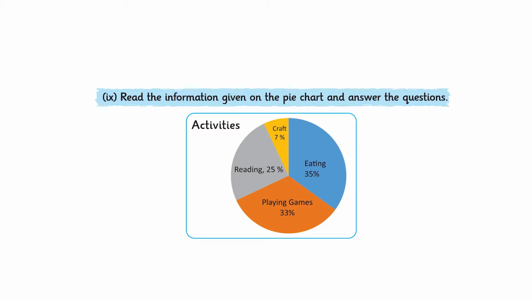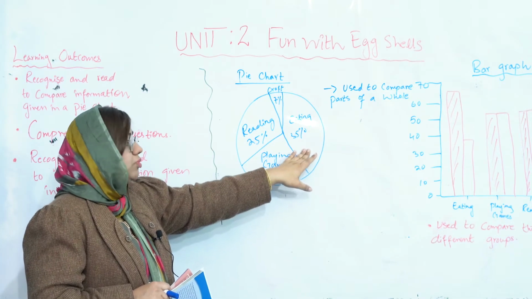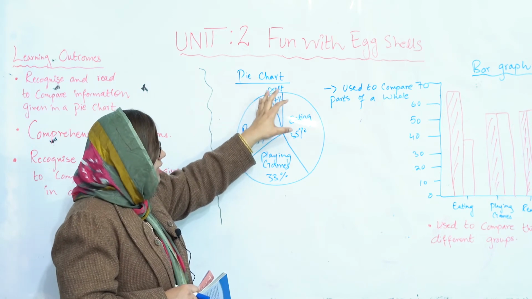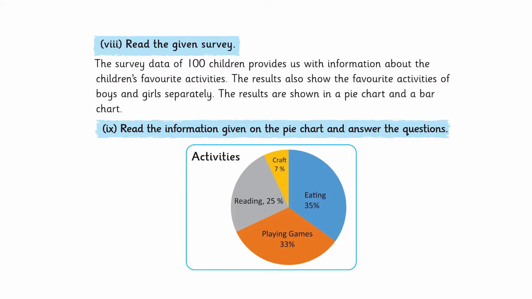This is a whole and we are comparing the parts. Here you can see that one part is divided into eating portion, another is for reading. This smaller 7% part is for crafting and this part is for playing games. That is about 33%. Listen students, these percentages are divided into 100.